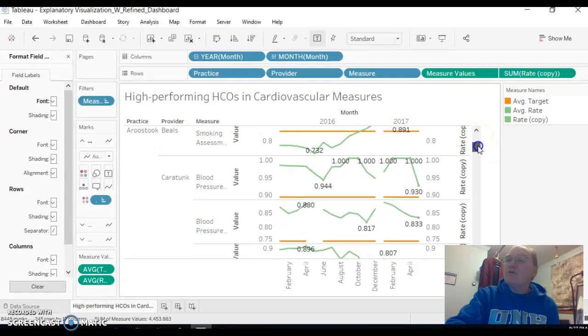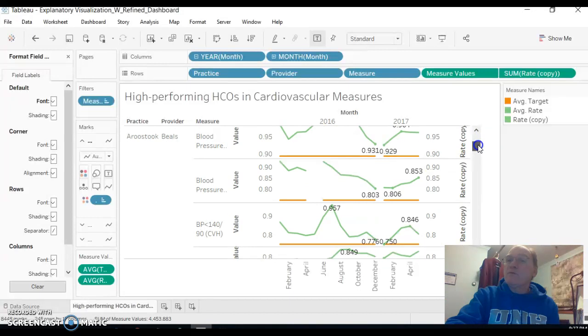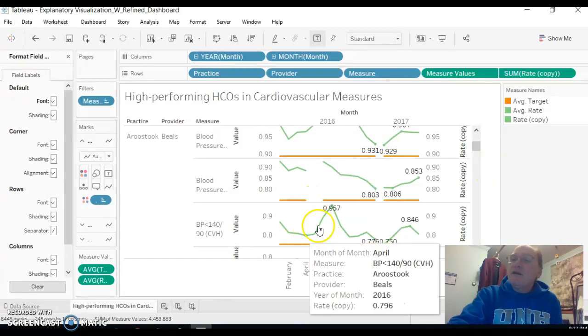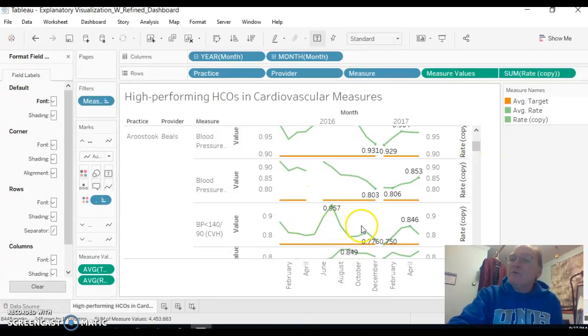As we scroll through the data, we see that for Aroostook and Beals, we've got a little more data than previously. And again, we're showing the maximum and the minimum. In this case, they are all pretty much above the target, which is 0.75 or 75%.